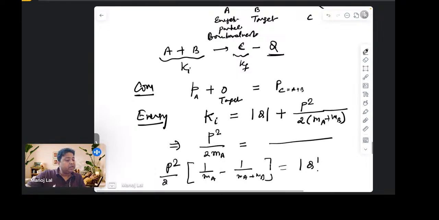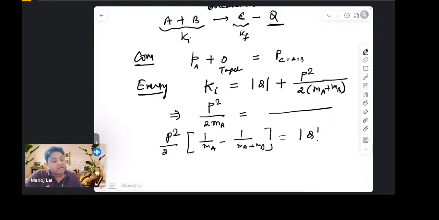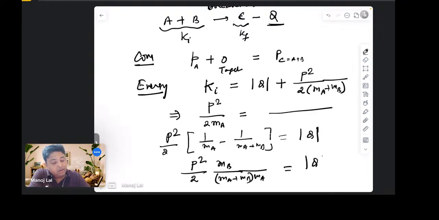So students, you are understanding, this is what we are doing for an endothermic or endoergic reaction. And then it will be P square by 2 MB by (MA plus MB) into MA is equal to mod Q, the Q value of the reaction.